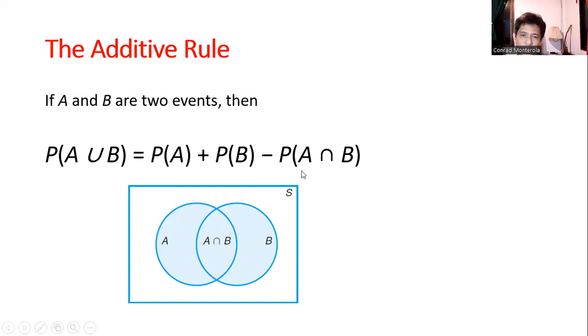That's why you need to subtract it to get the probability of A union B.